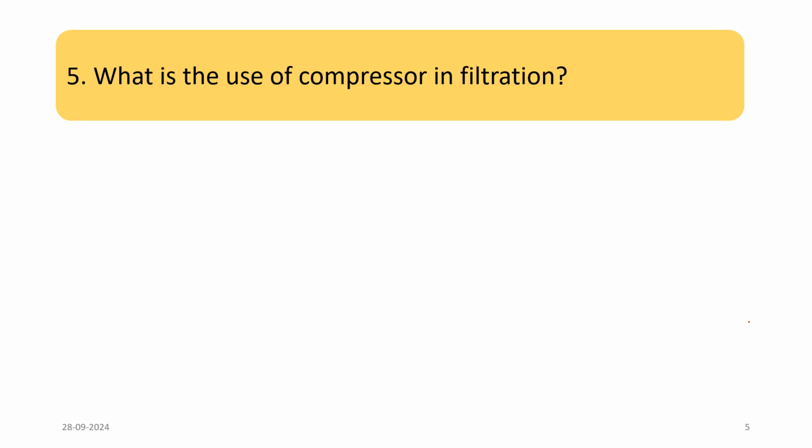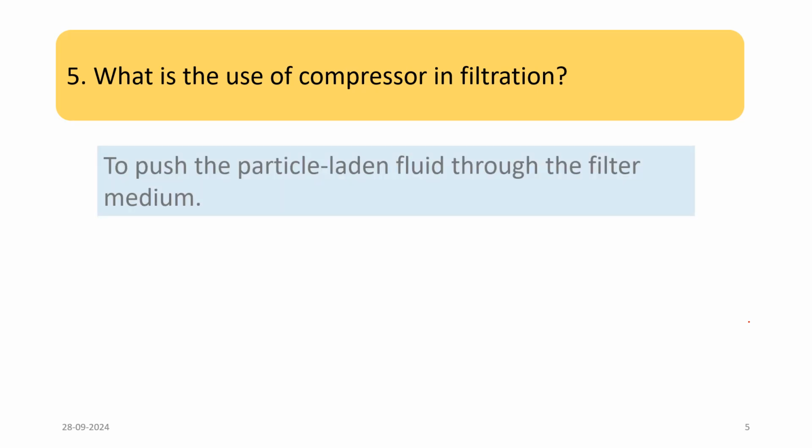Normally, the compressor is used to push the particle-laden fluid through the filter medium. There should be a pressure difference for the feed solution to pass through the filter, right? So this pressure difference is created by the compressor.